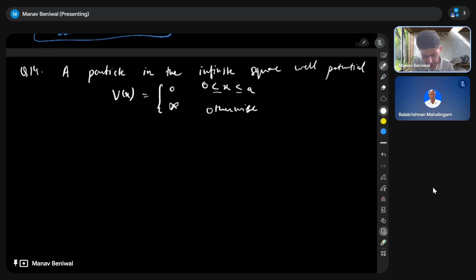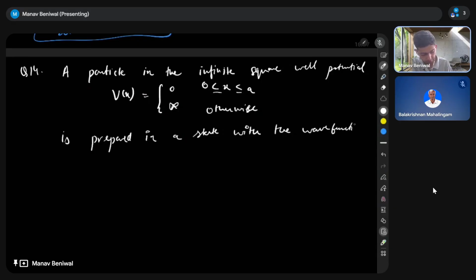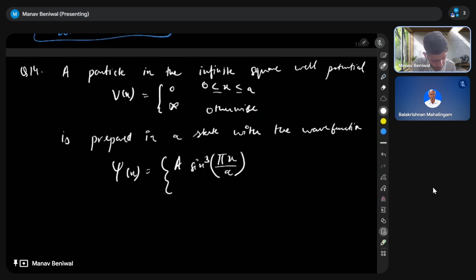Okay, and then this particle is prepared in a state with the wave function psi of x, so we have sine cube.